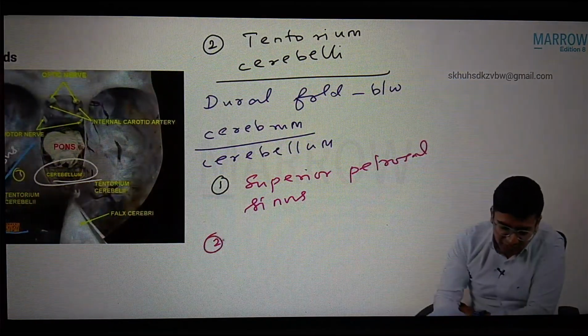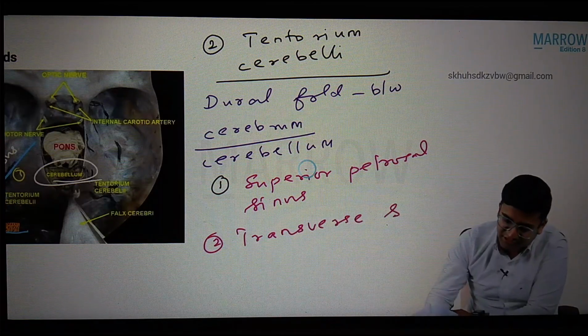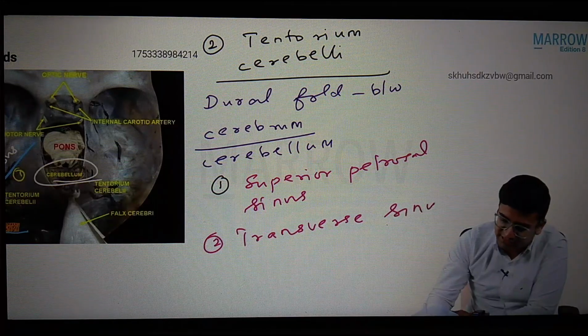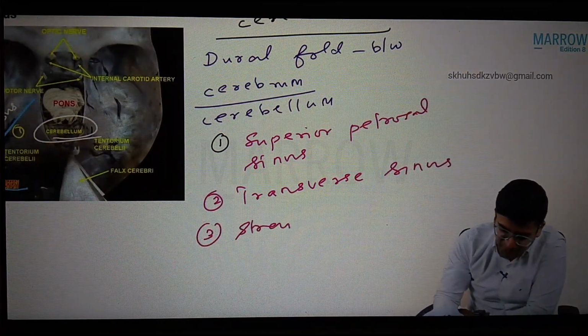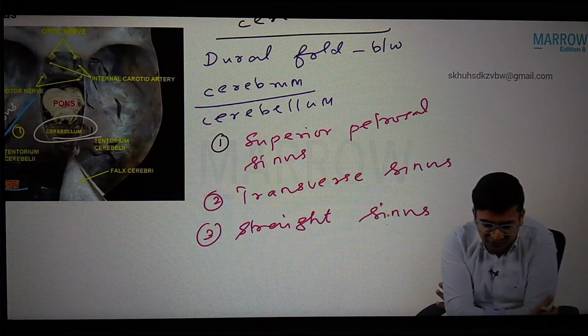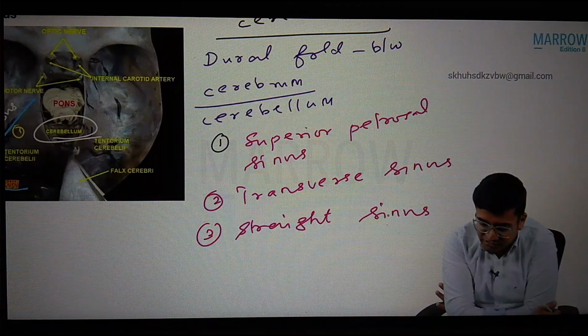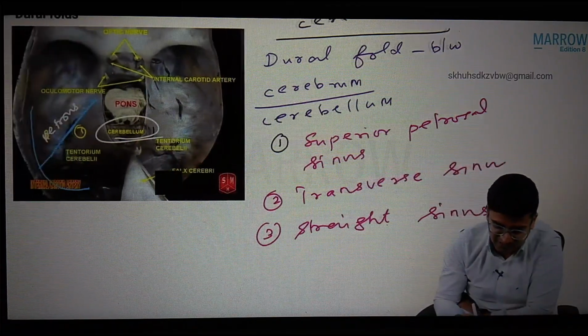Number two, transverse sinus. And number three, straight sinus. So the tentorium cerebelli contains superior petrosal sinus, transverse sinus, and straight sinus. Okay. Right.